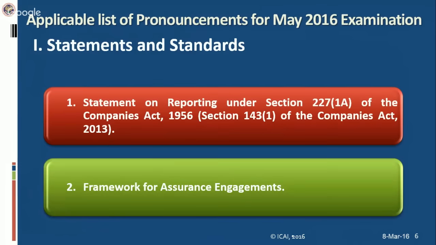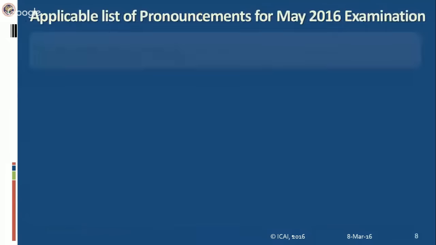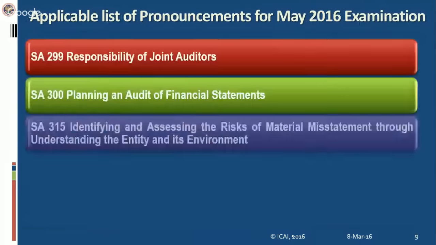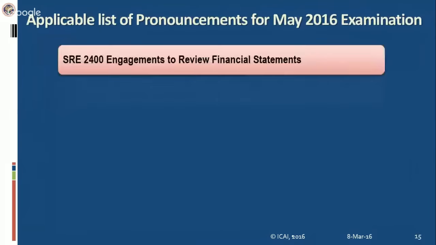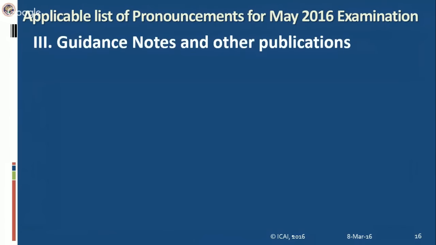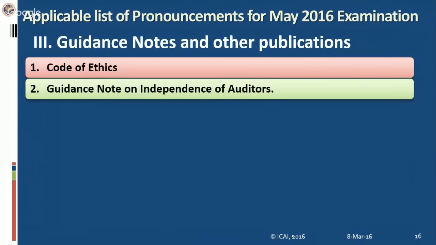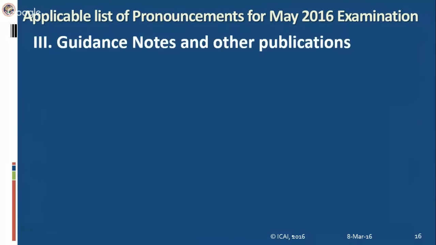Statement on reporting under section 227(1)(a), now section 143(1) of the Companies Act. Framework for assurance engagements, SA 200 series, 300 series, up to SA 800 series. Then SREs, SAEs, SRS, all are applicable.